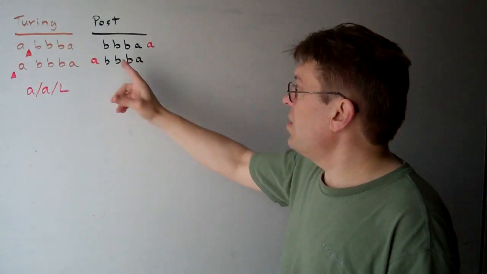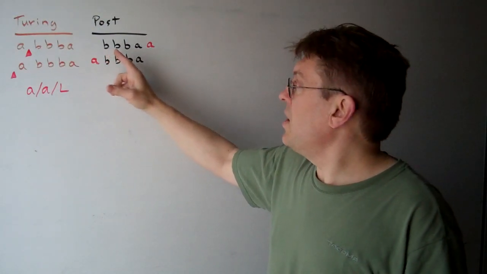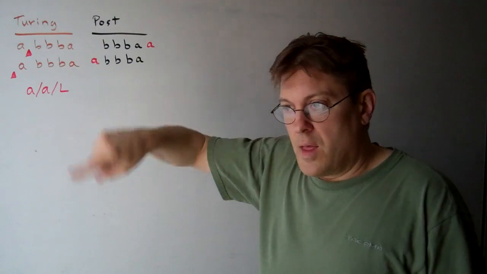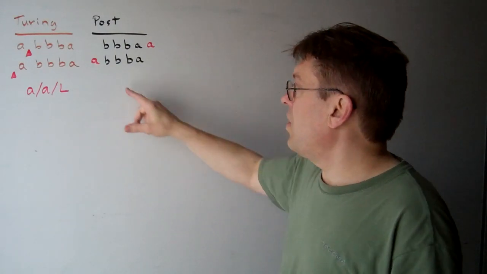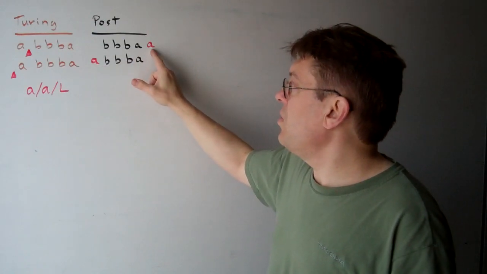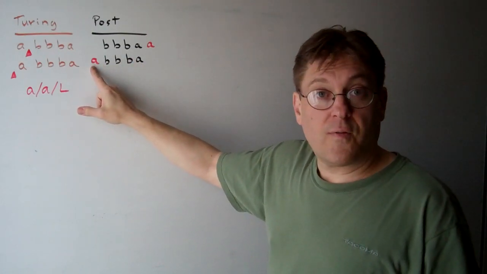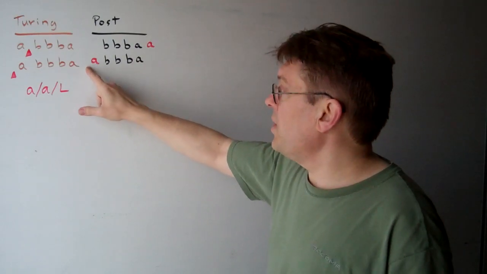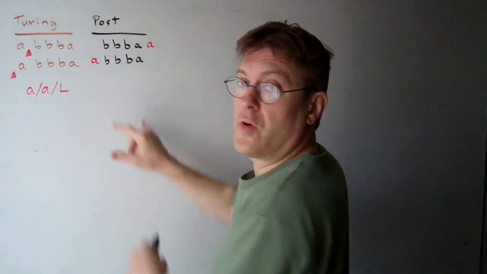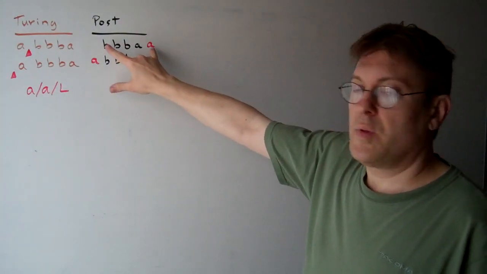On the Post machine, though, you would already be positioned here, and the string in question would be kind of like a circle. So what we want to do is move this A to the front. How do we do that? Because then we'll be positioned the same way as we are in the Turing machine, starting from a similar type of position.